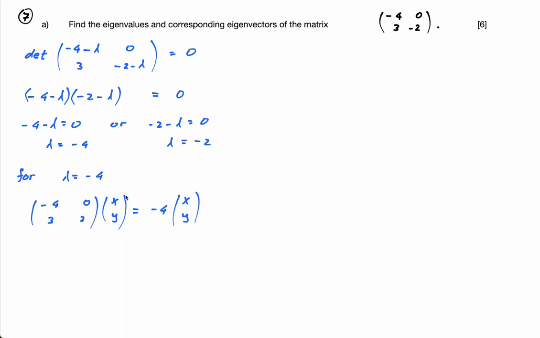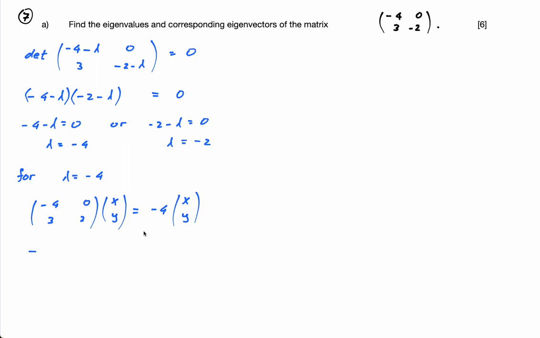This is the definition of eigenvalue and eigenvector. Normally I say just go with the first equation, -4x plus 0y equals -4x. But look what happens, you just get -4x equals -4x. That is not useful.